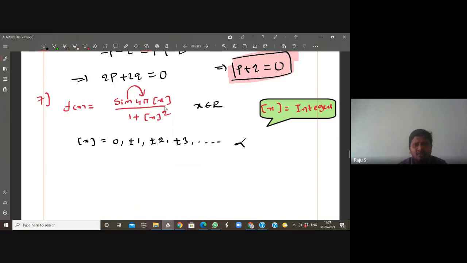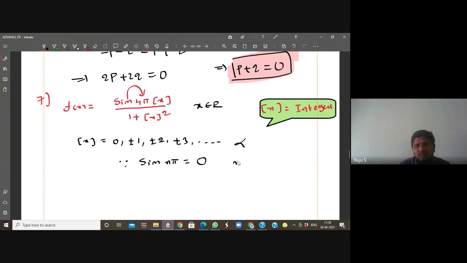You can substitute this greatest integer value as 0, sin 0 is 0. Take plus or minus 1 in place of the greatest integer. What about the sine value? Sin 4 pi, 4 pi is a multiple of pi. What is sine of a multiple of pi? 0. Always sin n pi is 0.